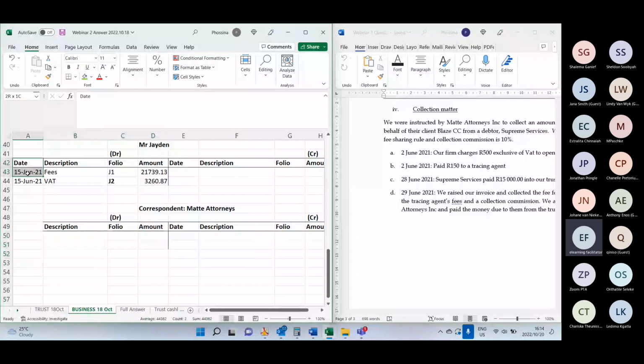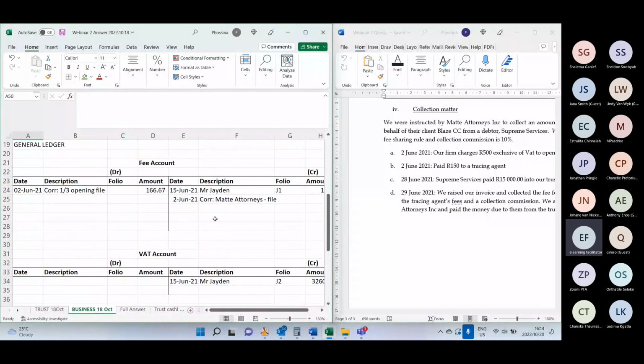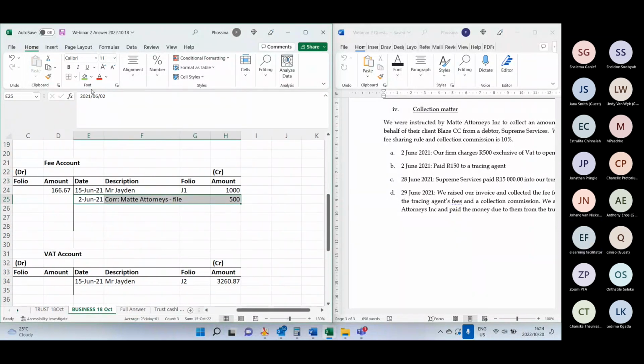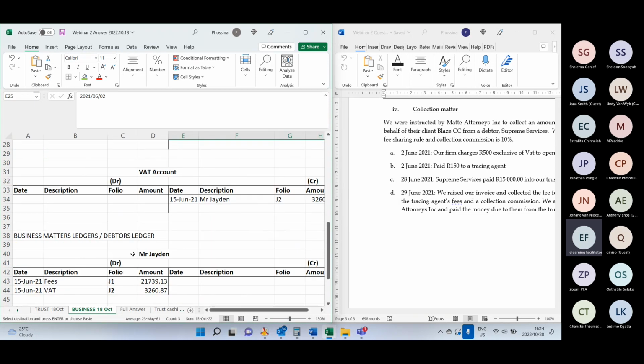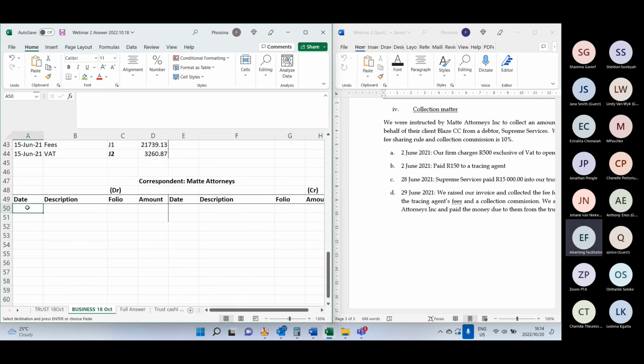Okay, so for us to record the 500 initially, here is where we have recorded it. We have credited the fee account, and then we are debiting our debtor, which is our correspondent.